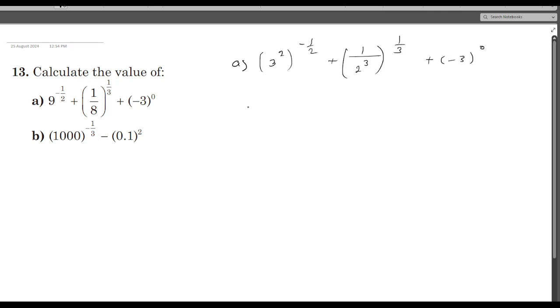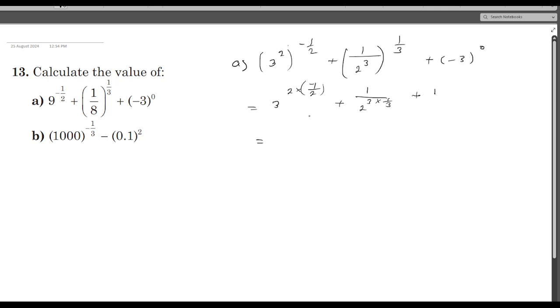Okay. So first rule, that if it is like this, a power b the whole power c, then b and c are multiplied. So here 2 and minus half will multiply, plus here 1 power any number will give you 1 only. So it is 1 divided by, now it's 2 power 3 times 1 divided by 3. Okay, and plus anything power 0 is 1.